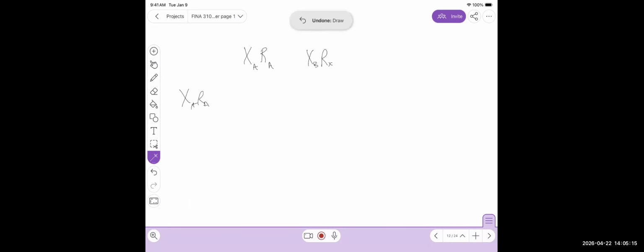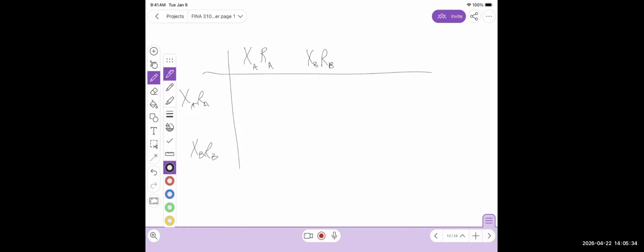I'm just going to put A here with its weight, and B here with its weight. And then do the same thing here. We're going to use this to help us, because with 2 it's easy, but then it gets more complex with more than 2.